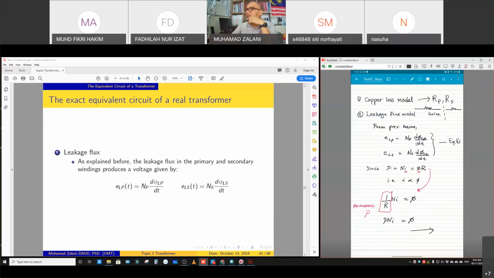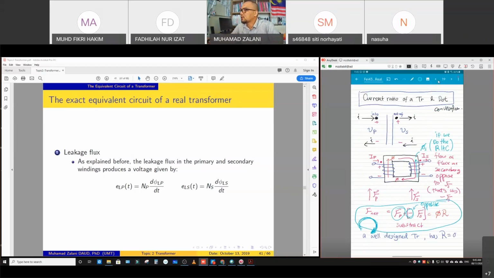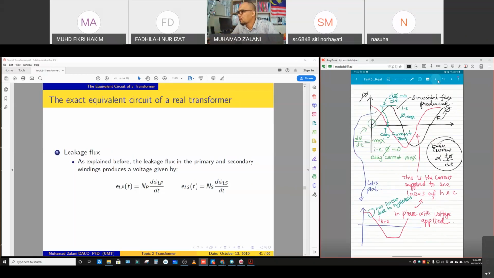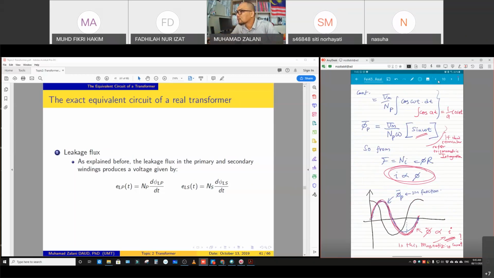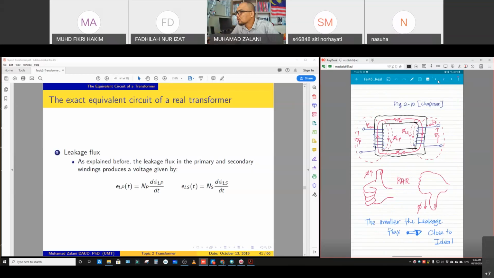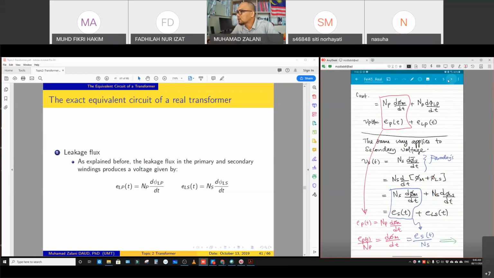For the leakage flux, as you can see from the previous lesson, we have already found this equation: the induced voltage because of the leakage flux at the primary side is ELP equals NP d phi LP over dt. If we move on to our previous lesson, we have already talked about the leakage flux.